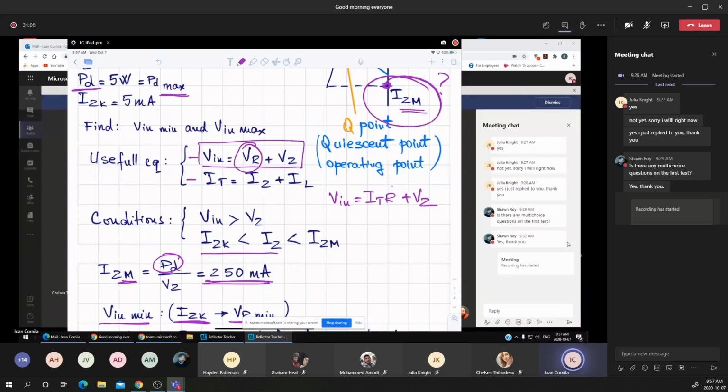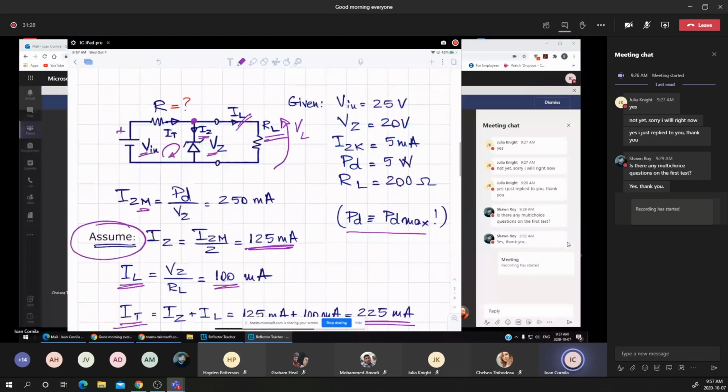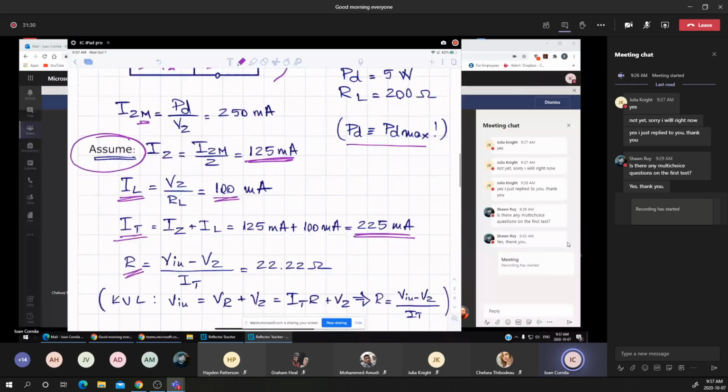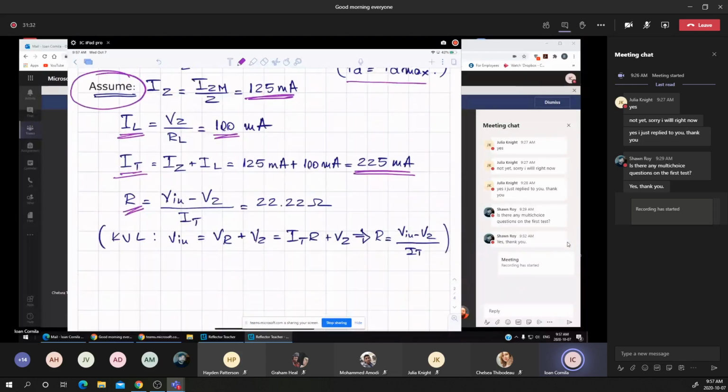From this equation, I'm looking to find the value of the resistance R, which is the Vin minus the VZ over the current IT. That's why we made this equation, to determine the resistance R if we need it in different problems. The Vin minus VZ over the IT gives a value of the resistance as 22.22 ohms. And I put in writing where it's coming from.